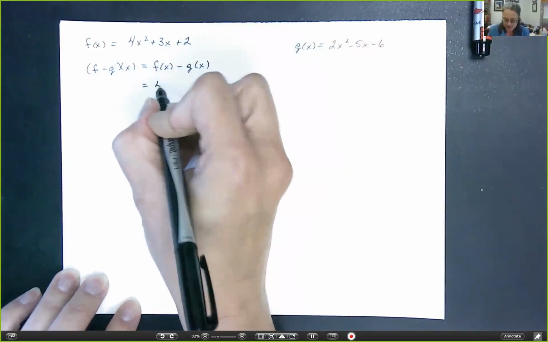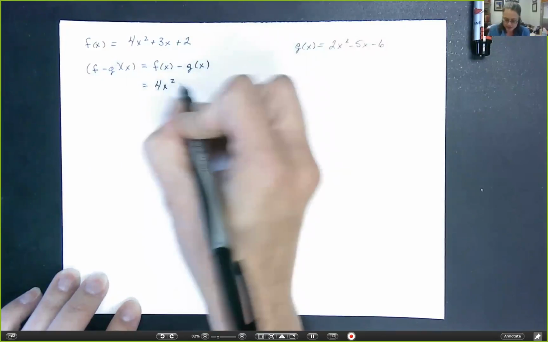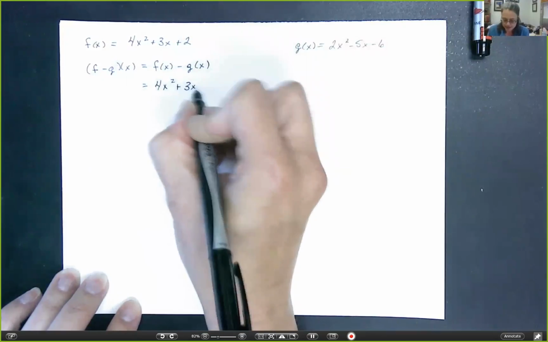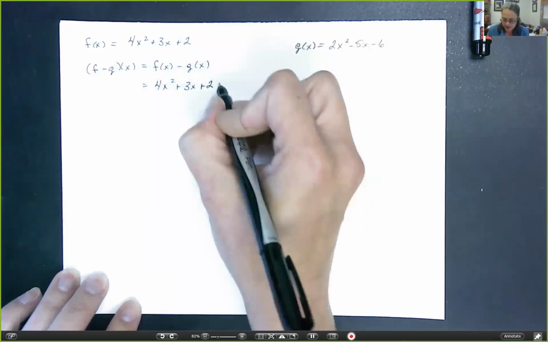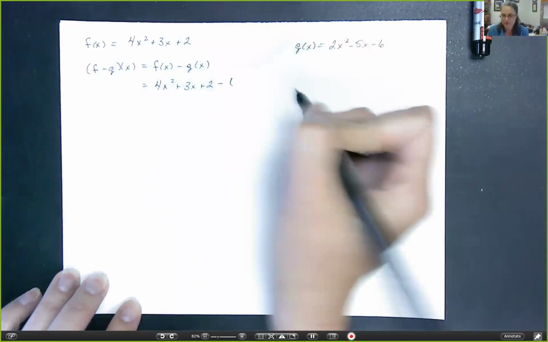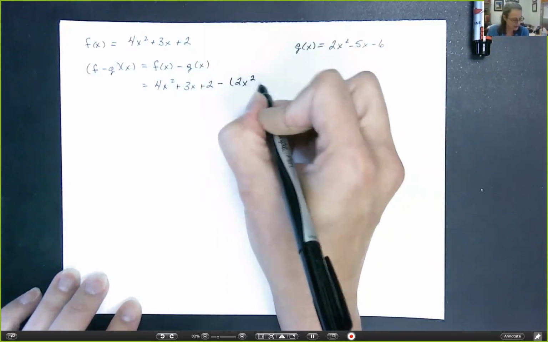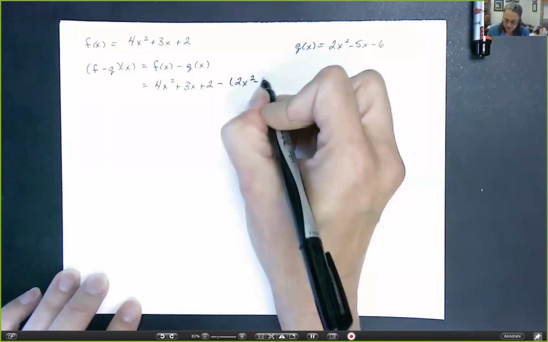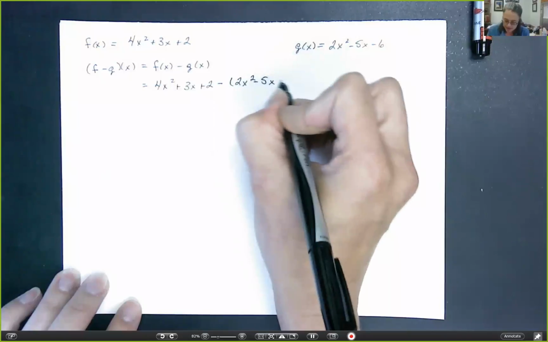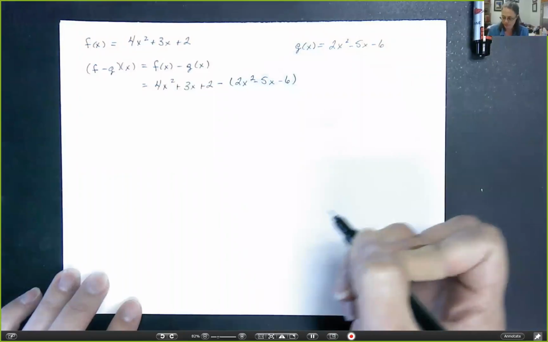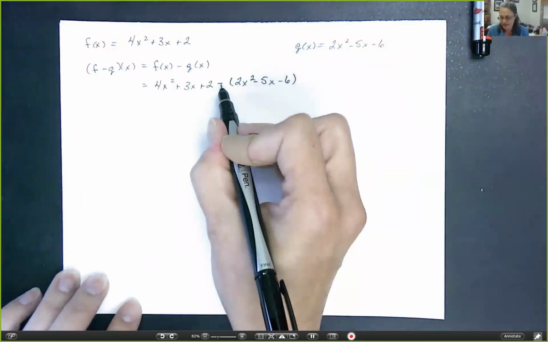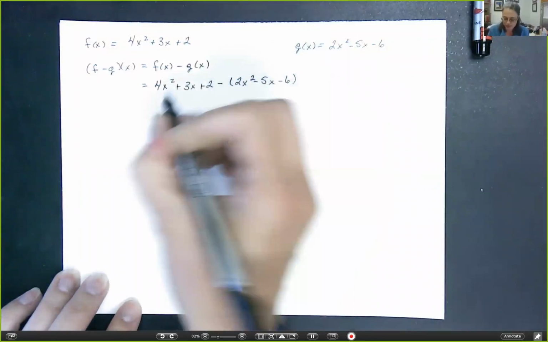f of x is 4x squared plus 3x plus 2. Now we're going to subtract g of x. The only thing we have to be careful of is that we need to subtract the entire g of x. It means we need to take this negative sign and distribute it all the way through.